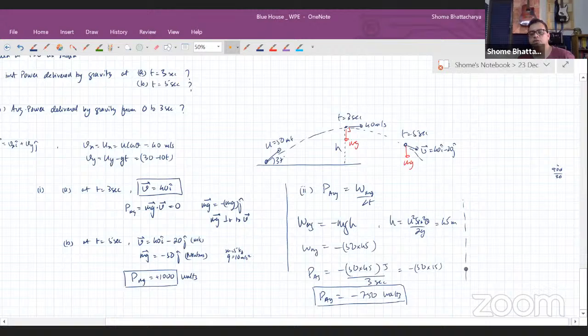Or we can do one more thing, that the work done by mg is the change in kinetic energy. So kinetic energy at t equal to 3 seconds, whereas kinetic energy at t equal to 0.